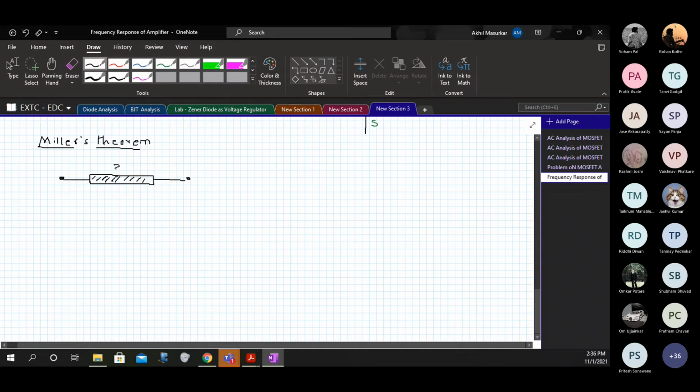Let me say that the value is Z, and these nodes are X and Y, and from that node there can be any number of current branches, doesn't matter. So this is figure A.